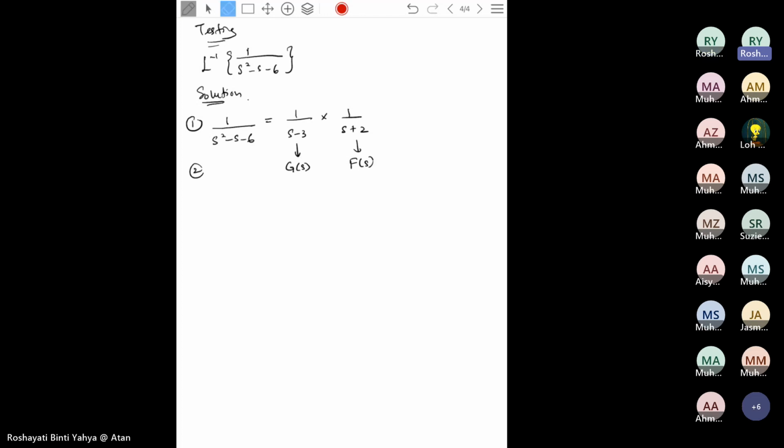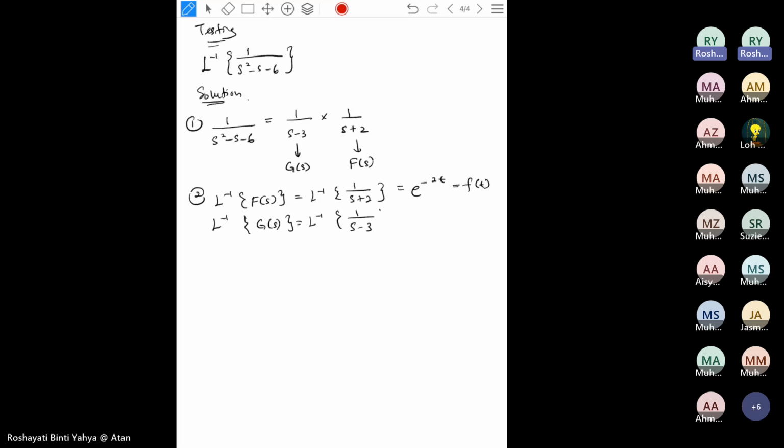So inverse Laplace of FS equal to inverse Laplace transform of 1 over S plus 2, so exponential minus 2t. Inverse Laplace transform of GS equal to inverse Laplace transform of 1 over S minus 3, exponential 3t, GT.